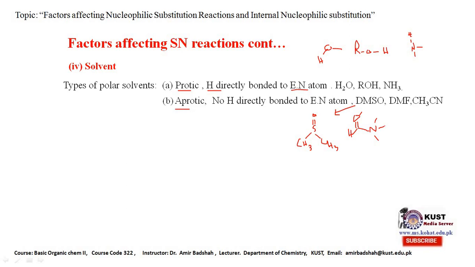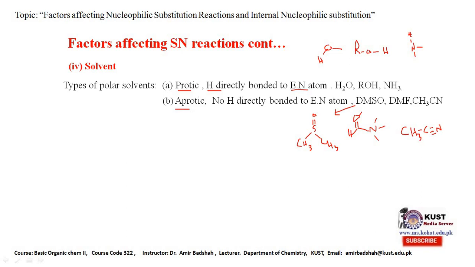So it is considered a polar solvent but an aprotic solvent. And similarly, acetonitrile can also act as a polar solvent, but there is no hydrogen bonded with the more electronegative atom nitrogen, so they can act as polar solvents, but they are considered aprotic solvents.